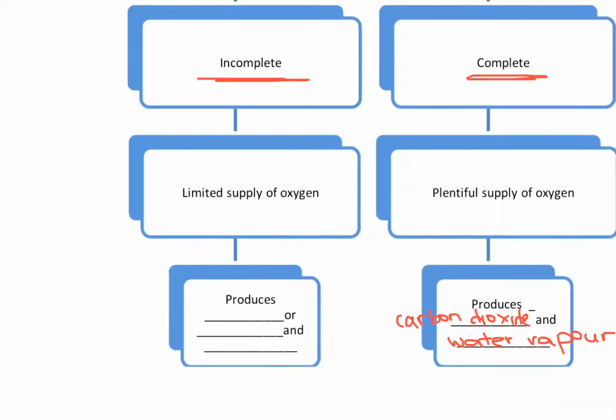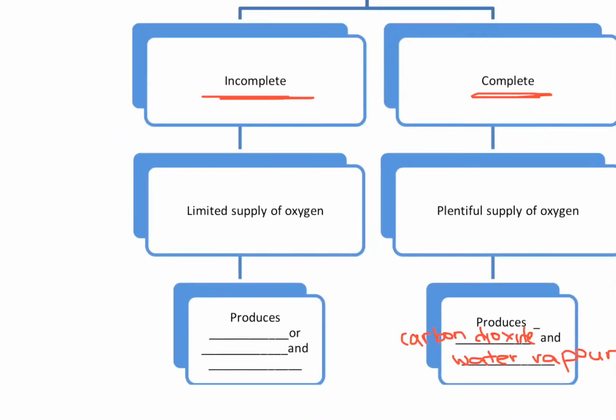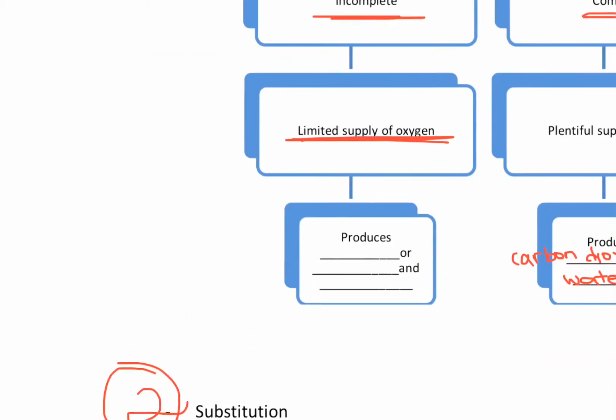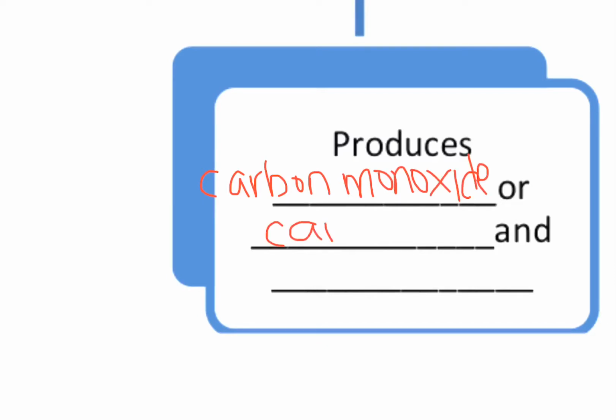Now, if there is incomplete combustion, it means there is a limited supply of oxygen, which means that you don't supply enough oxygen to break all the bonds, so the carbon in the alkane will not react with enough oxygen. So limited supply of oxygen will cause incomplete combustion, and this can produce carbon monoxide or carbon, also known as soot, and water vapor.